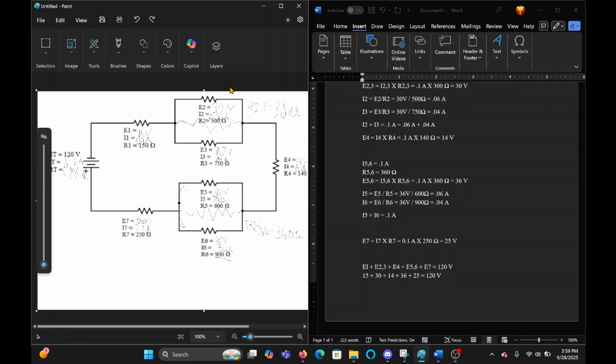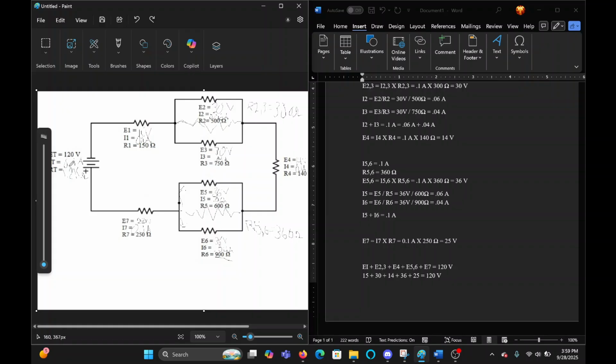Yes, sir. So that's why we solve for the total resistance first, and then we solve for the total amperage right here. So then once you put it in series, you can solve for the total amperage.